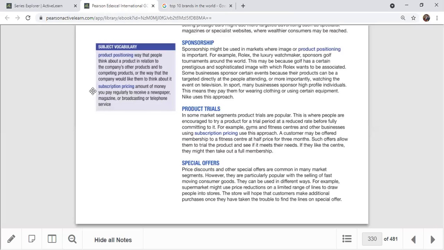The definition is here. Subscription pricing means the amount of money you pay regularly to receive a newspaper, magazine, broadcasting or television.